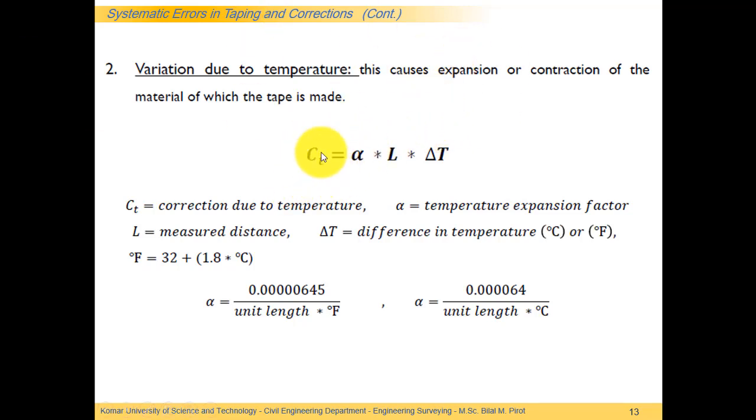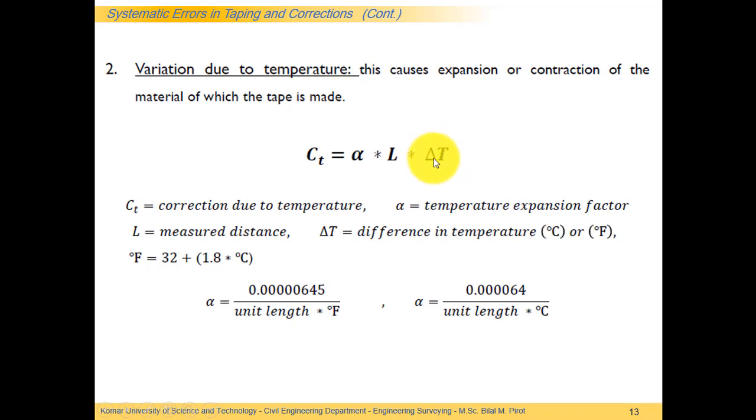CT means the correction due to the temperature, equals alpha. Alpha is the temperature expansion factor, which normally is given, multiplied by L. L is the measured distance, multiplied by delta T. Delta T means the difference between the two temperatures.